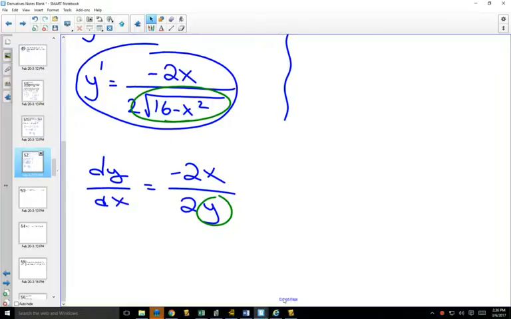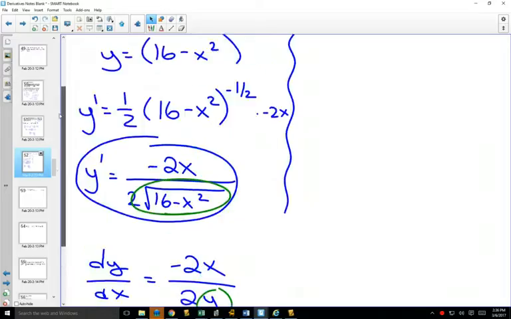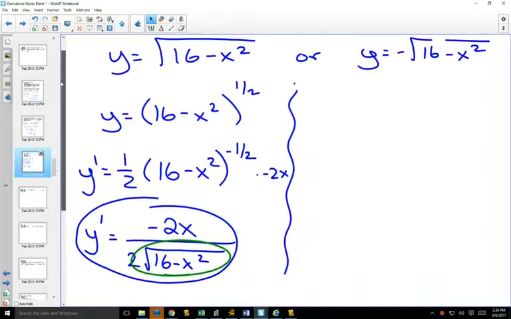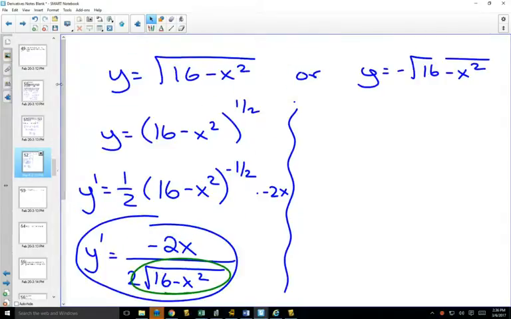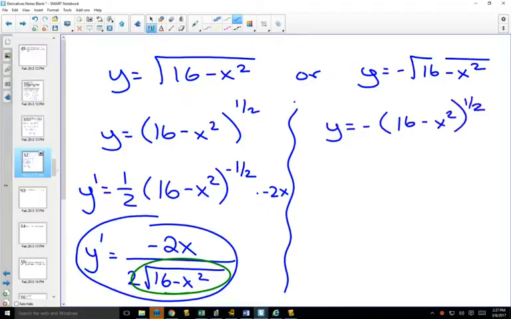So now going back, now that we've looked at this original equation and said, if I got y by itself, and here I chose the positive one, and I found the derivative, it's equal to negative 2x over 2y. And just for fun, let's see what happens if we had done the negative version. Does it still work out? So with the negative version, we would have y equals negative 16 minus x squared to the half.